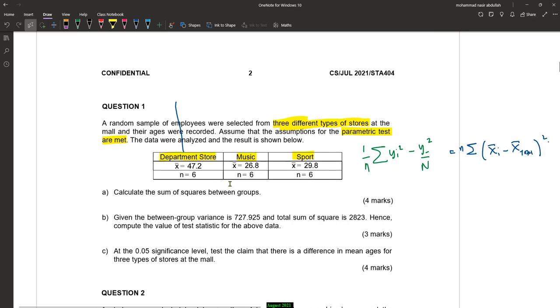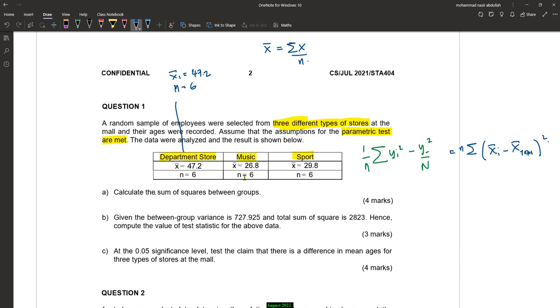So now dekat sini kita tengok x bar 1 is 47.2, right. X bar 1 is 47.2, right. So n is equal to 6, right. So dalam x bar, right, remember x bar is equal to summation of x over n. Right, this is the formula for x bar, right.